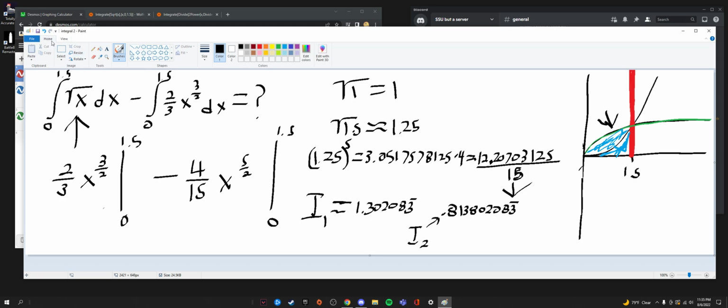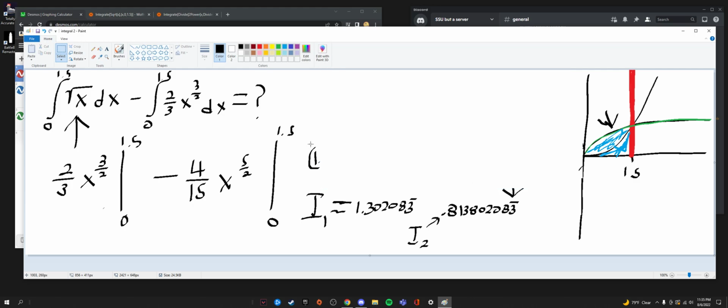So now, let me erase all this number crunching garbage and properly show what this integral is equal to.